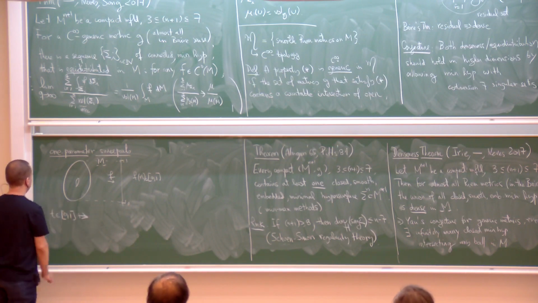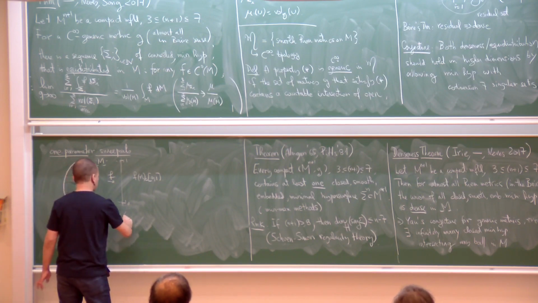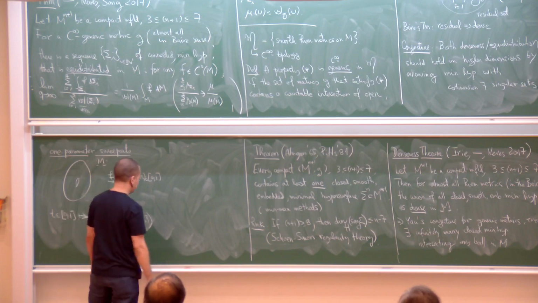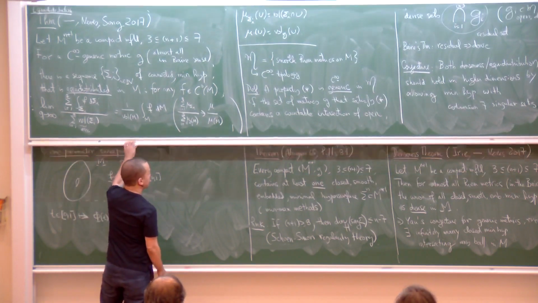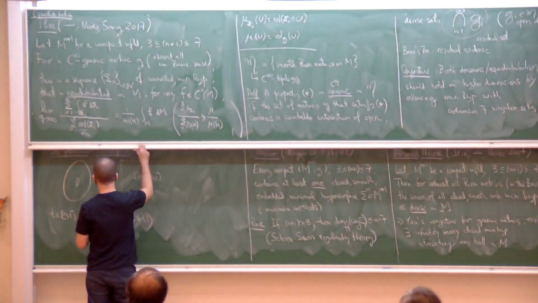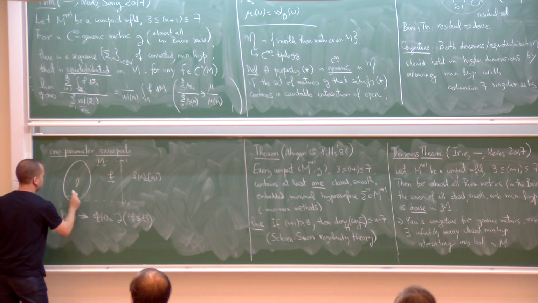For every t in the interval [0,1], I consider Phi of t to be the boundary of the set of points where f is less than or equal to t. This is just the sweepout given by level sets of my Morse function.